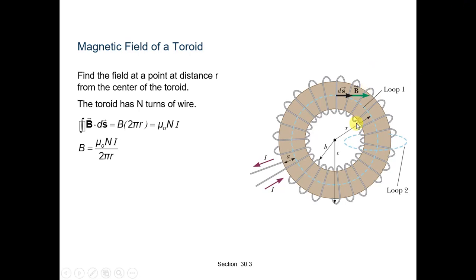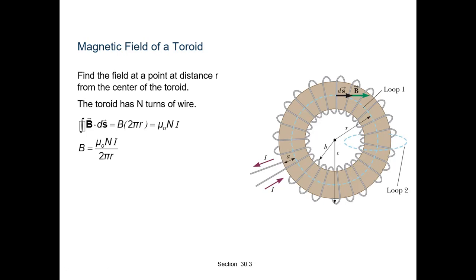If it is open, it is a solenoid, but when it goes in a circular path and closes on itself, it becomes a toroid, as shown in the figure.